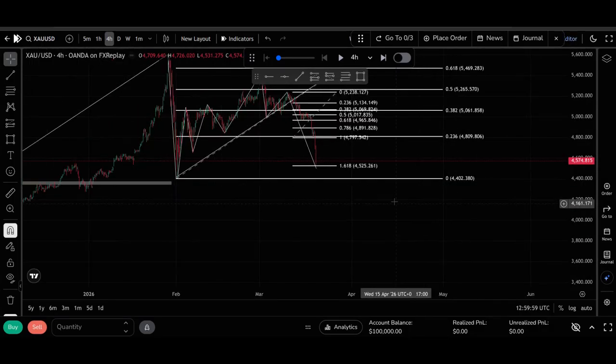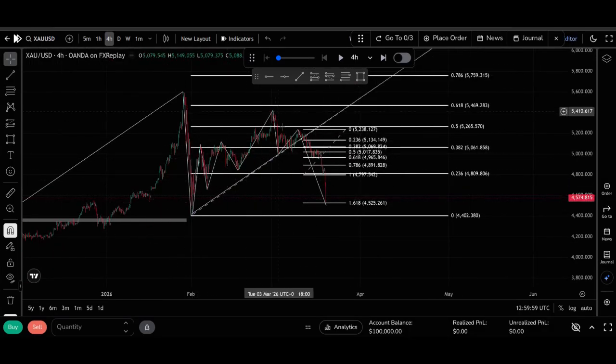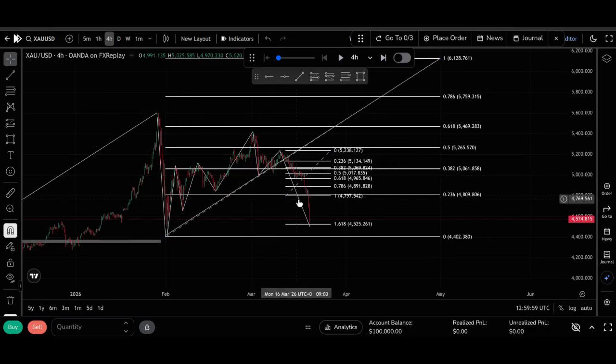So what you could assume, because on the 4 hour you're seeing a change in trend, is that the daily trend is going to be shifting into a downtrend or a consolidation phase, because you're seeing this strong downtrend being formed within here.